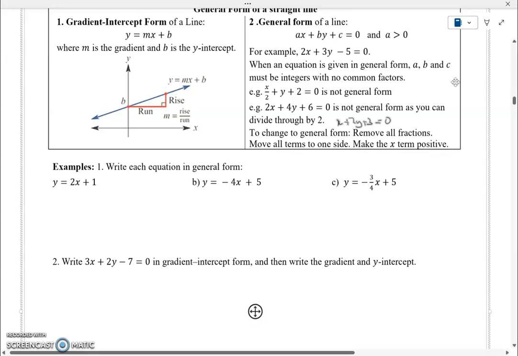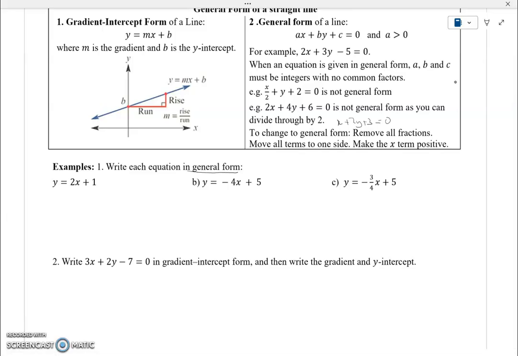Write each equation in general form. I've got 3 equations that happen to all be in gradient intercept form, and we're going to put them in general form. Firstly, for this one here, I look at the x term, and it's a positive coefficient, that's good. I'm going to drag everything over to the right hand side. So 0 is equal to 2x minus y plus 1.